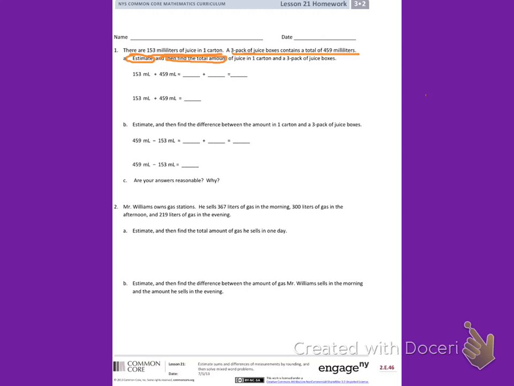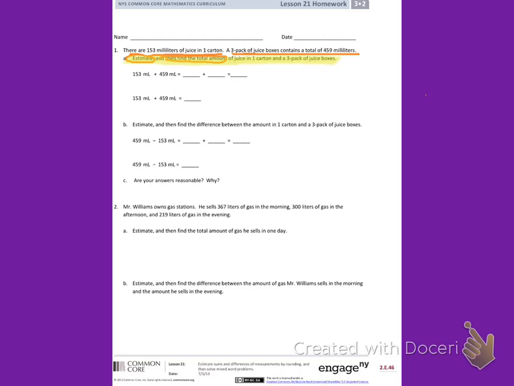And then I will highlight the whole thing: estimate, and then find the total amount of juice in one carton and a 3-pack of juice boxes. So first I will estimate, since that's what I circled first.